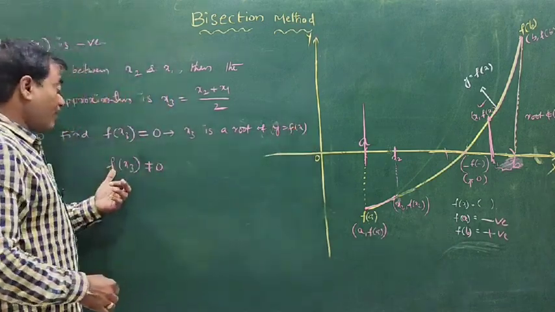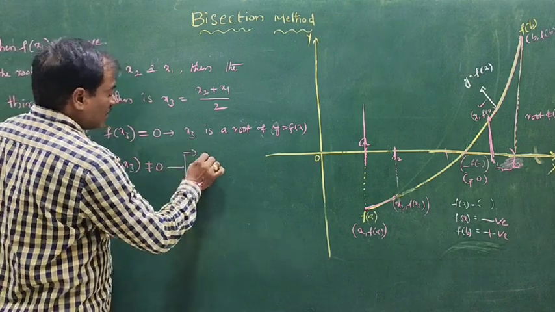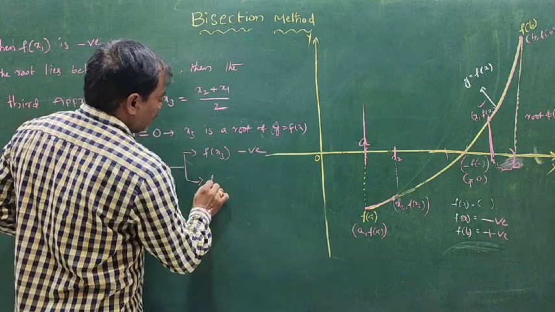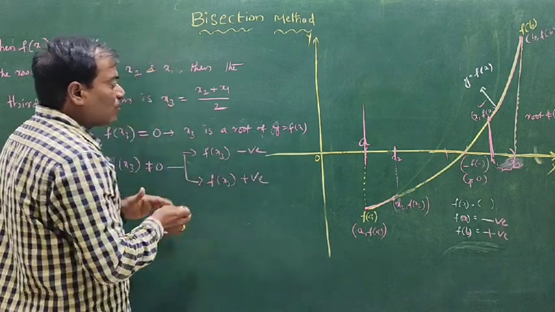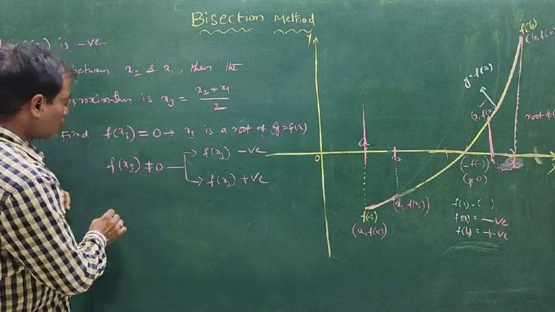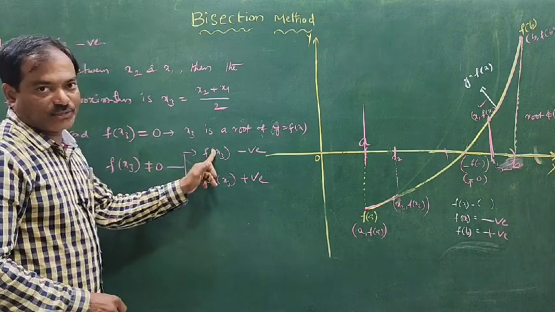When f of x3 is not equal to 0, again there are two possibilities, f of x3 negative and f of x3 positive. This is the same iteration, and again we find x4 depending on these values.